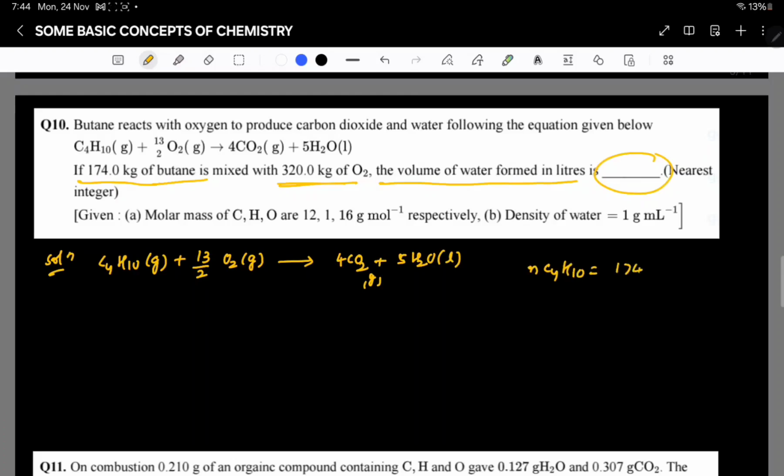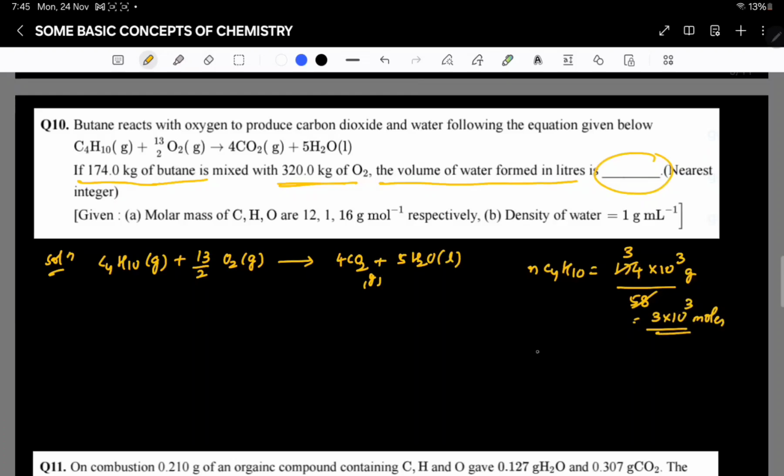Given in terms of kilogram, we need to convert into gram, divided by the molar mass: 12 4 ja 48, 48 plus 10 is 58. So 58 1 ja 58 3 ja. So now this becomes 3 into 10 power 3 moles of C4H10.